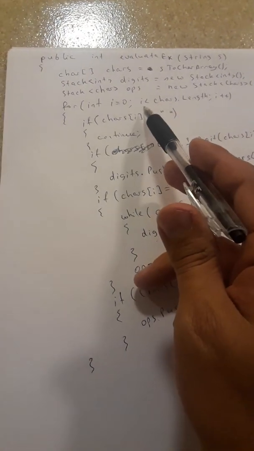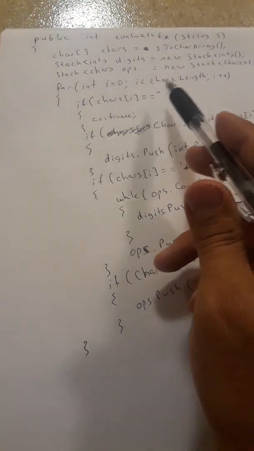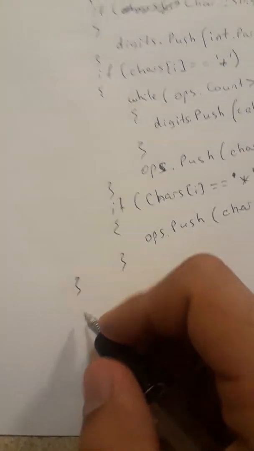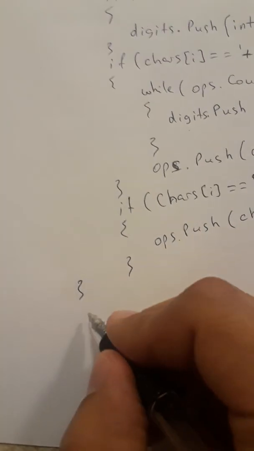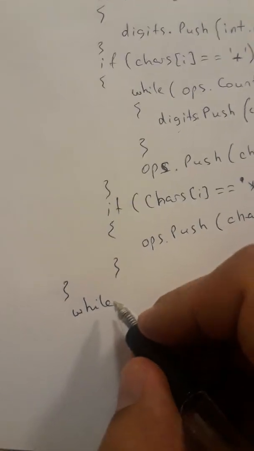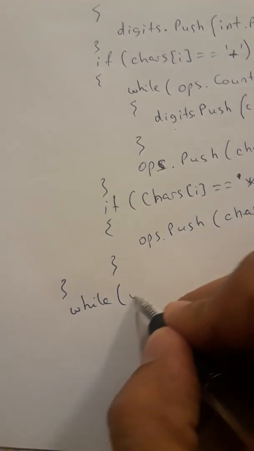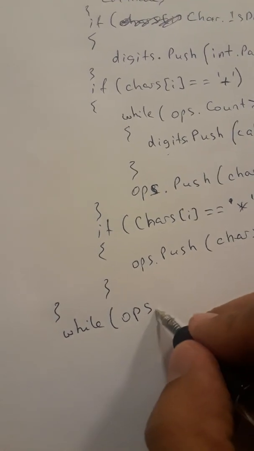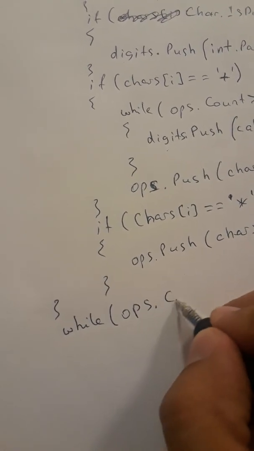So after our for loop, after we reach the end of our expression, we'll just evaluate the elements in both stacks. We'll run our loop until we reach the end of the operators stack.